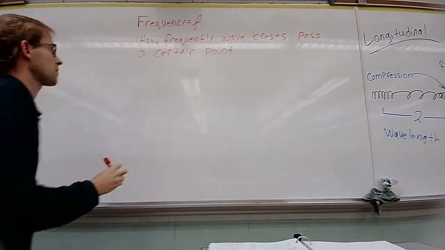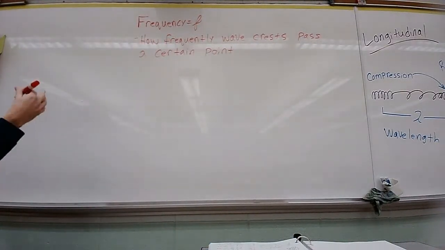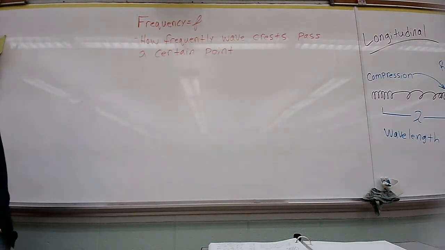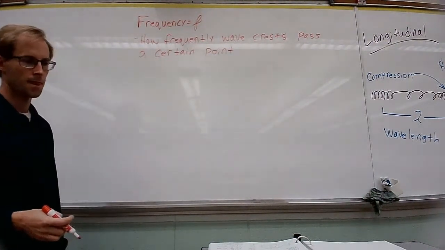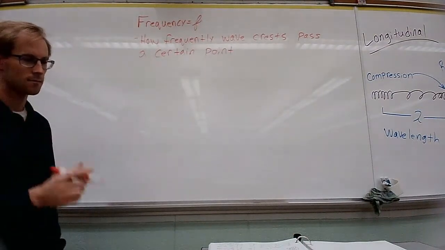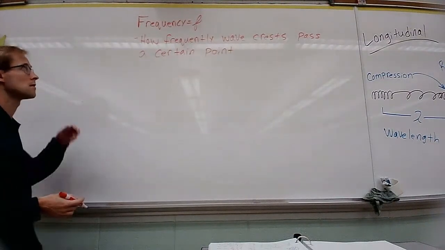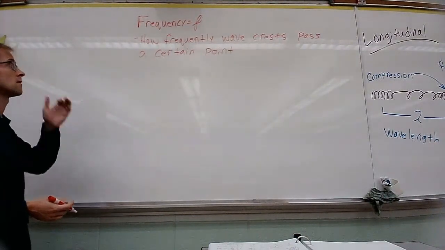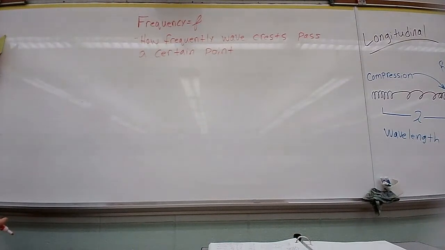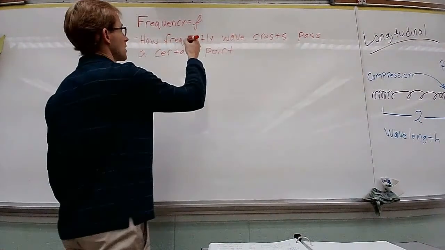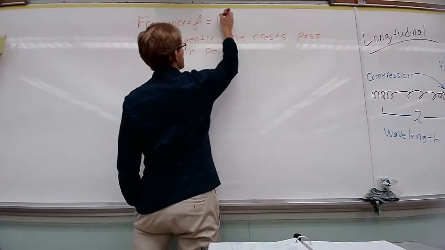Frequency is just something where you measure how frequently wave crests pass a certain point. So you can write that down. And frequency is measured in a unit called hertz, Hz.